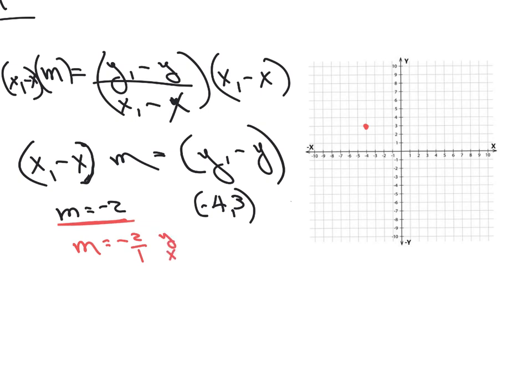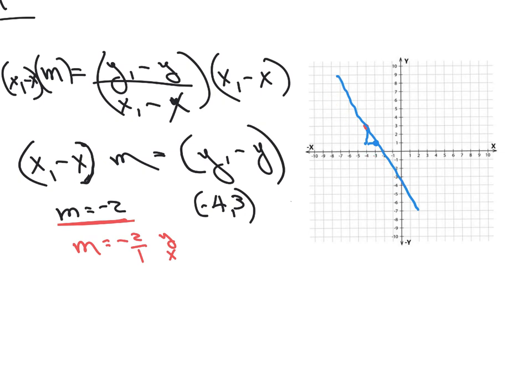So from this point that they gave us, we can go down 2 and over 1, and that gives us this point here, okay? And we know that from left to right, it goes downhill. They gave us a negative slope. So yeah, there is our graph there.